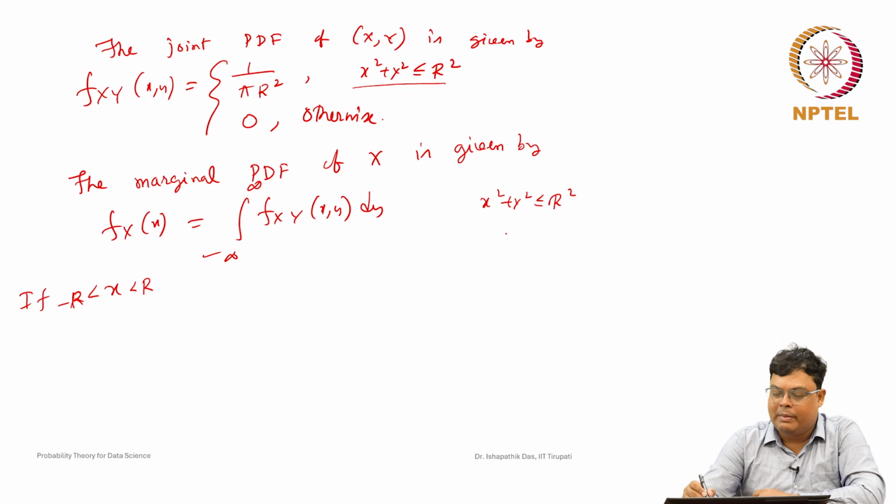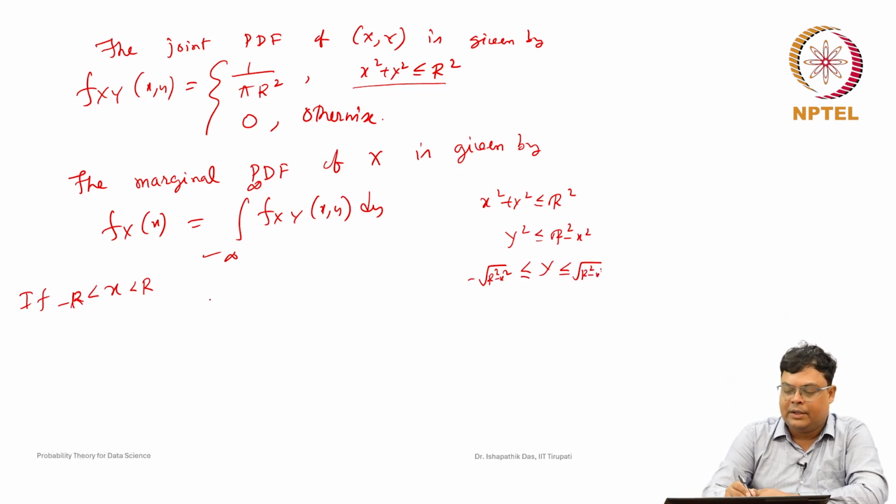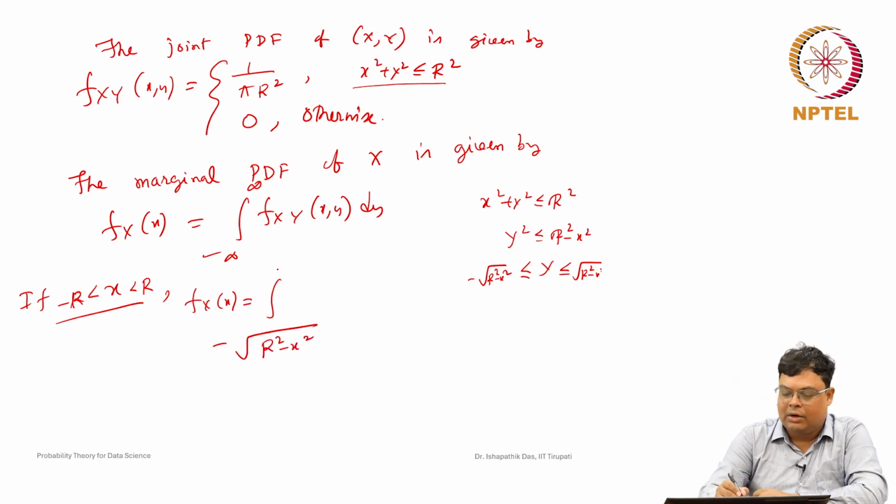So for x between minus r and plus r, the y limit is that y square is less than or equal to r square minus x square. So y is greater than or equal to minus root of r square minus x square and less than or equal to root of r square minus x square.